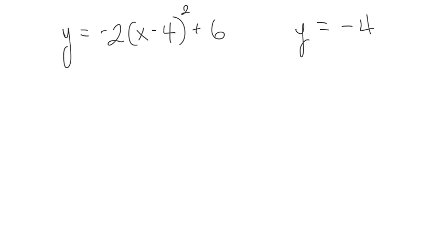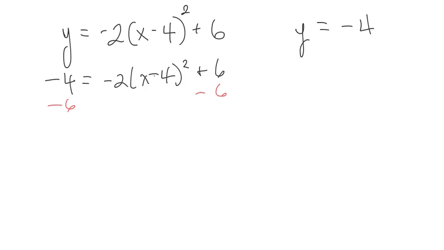Okay, so I've got my system here, my quadratic and my line. The very first thing I'm going to do is make the y value of my line equal to the y value of my quadratic. So this has got to be -4, and the rest stays the same. Then the first thing to solve algebraically is to subtract 6 from both sides.